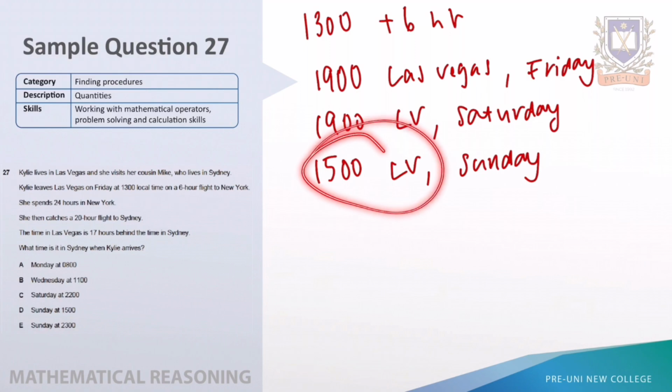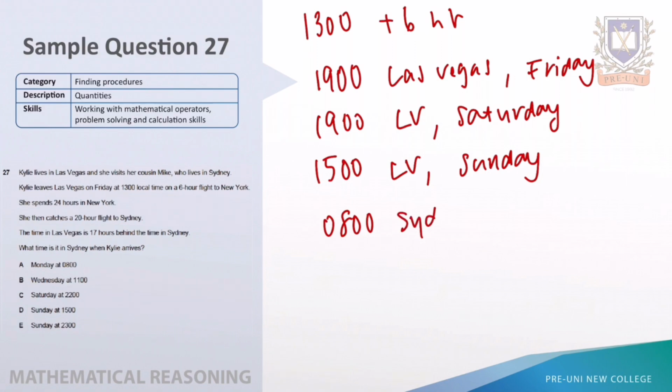So what we have to do to the time here is to add 17 hours. If we add 17 hours, we get 8 a.m. Sydney time on a Monday, because it is the next day. So it is Monday, 8 a.m. in Sydney when Kylie arrives.